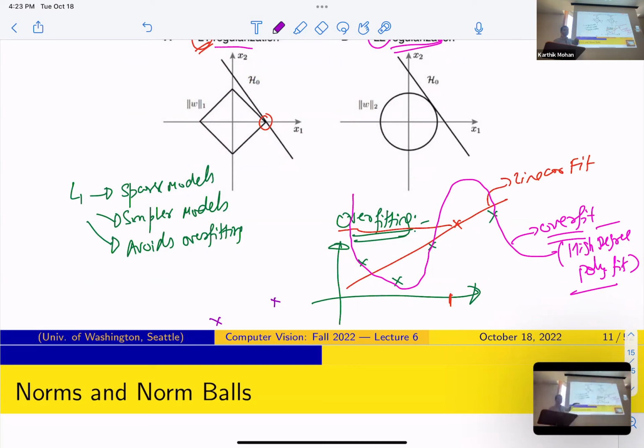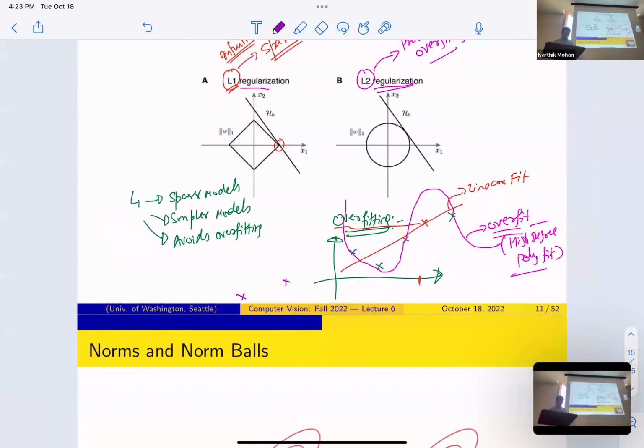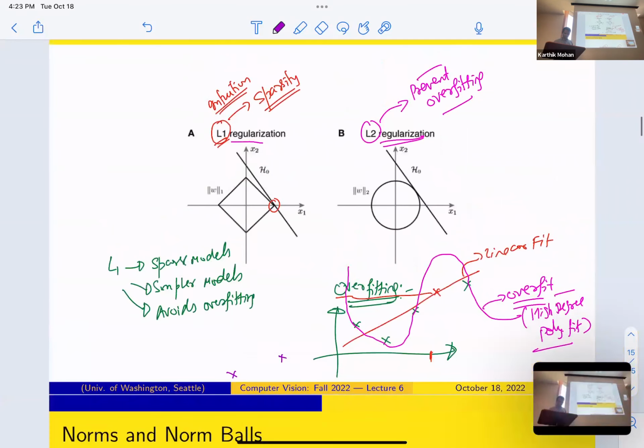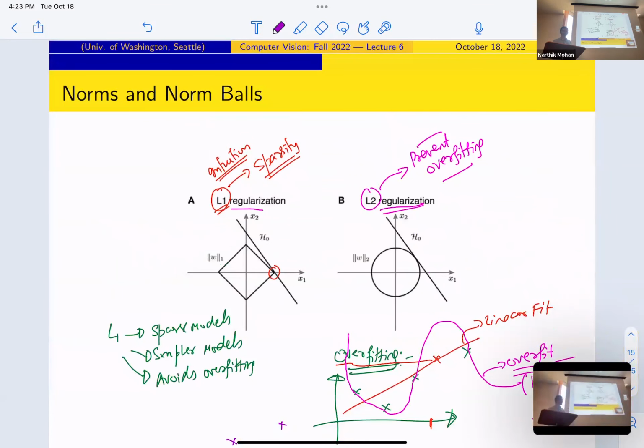So now it's starting to look more linear. That's the danger of doing machine learning when you have less data and more parameters. So that's a very quick introduction to overfitting, but we'll spend more time on it maybe in the next lecture.